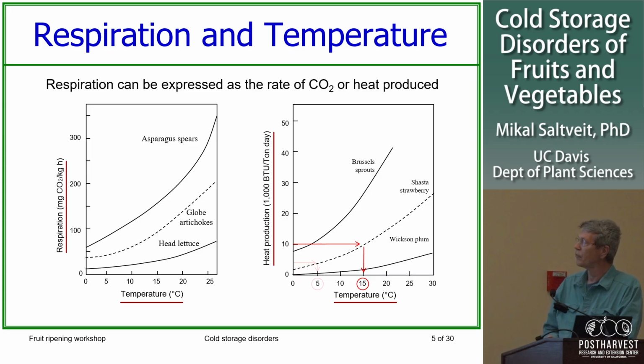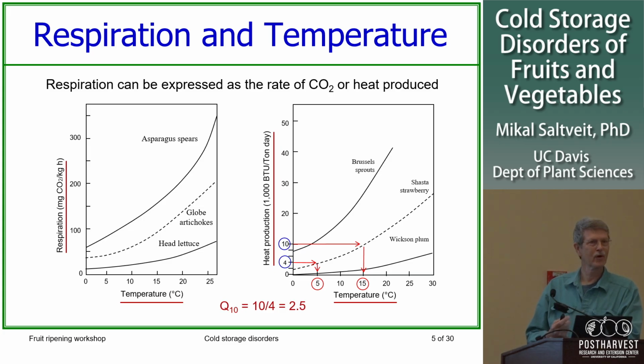Then we look at 5 degrees, and we notice that we have about what? 2.5, something like that. So 4, okay? So at 15 degrees, we have 10 units of heat production. At 5 degrees, we have 4 units of heat production. What's the Q10? There's a 10 degree temperature differential here. So what's the Q10?